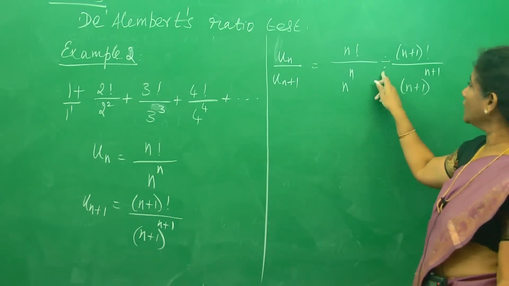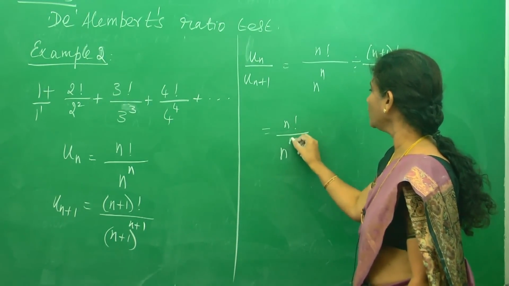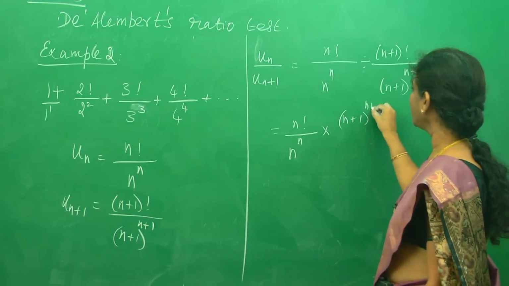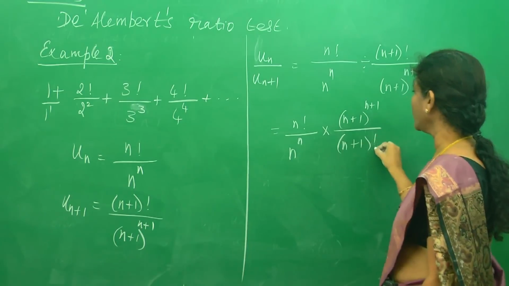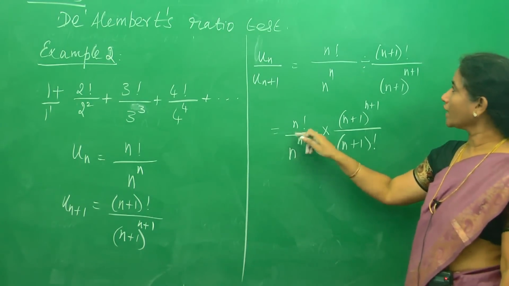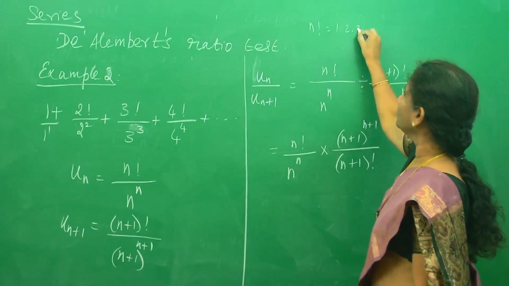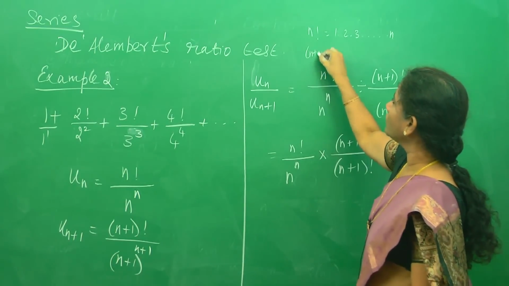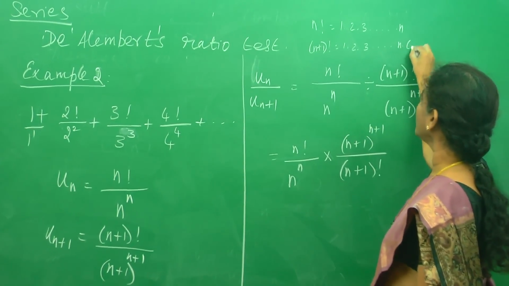Okay. As usual, this division will become multiplication. N factorial by n to the power of n times n plus 1 to the power of n plus 1 divided by n plus 1 factorial. And you know n factorial is 1 into 2 into 3 into etc. up to n. You know n plus 1 factorial is 1 into 2 into 3 into etc. up to n into n plus 1.